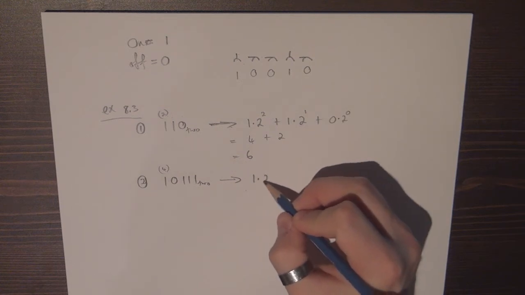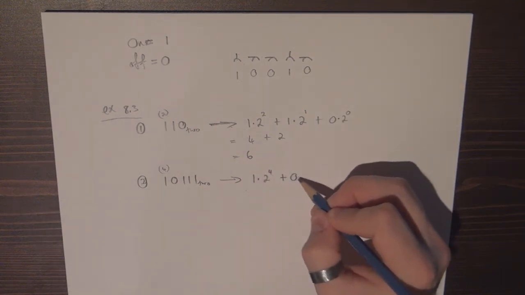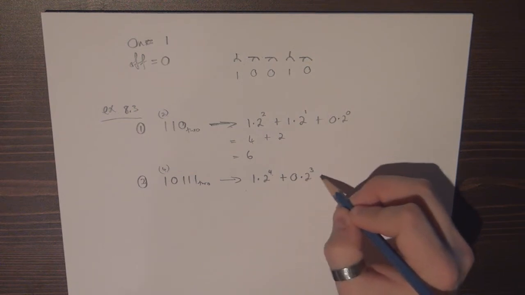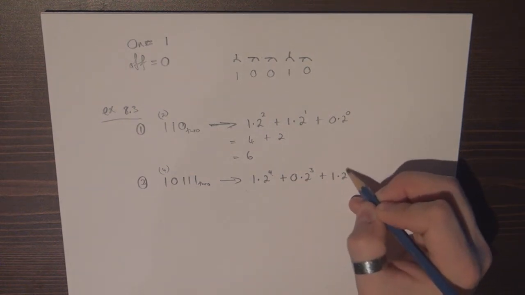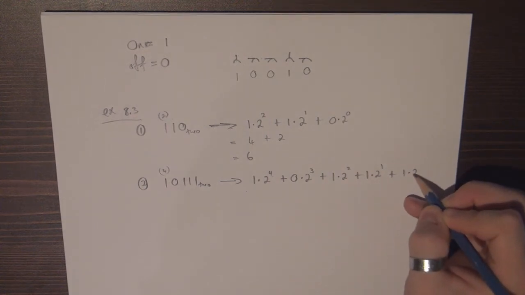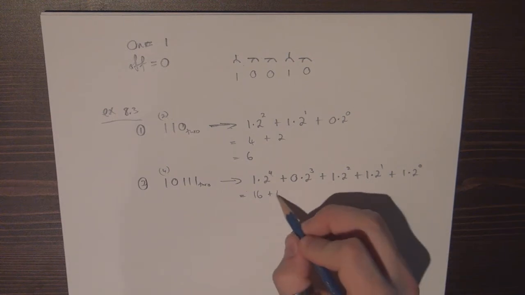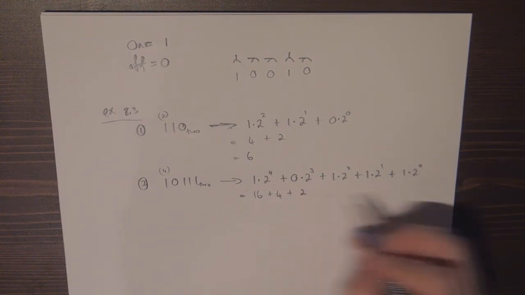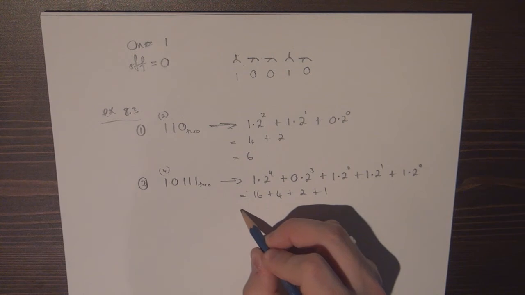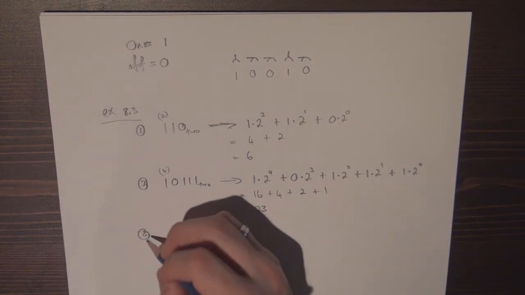So I have one group of 2 to the 4 plus 0 groups of 2 cubed, one group of 2 squared, one group of 2 to the 1, one group of 2 to the 0. So I have a 16, a 4, a 2, and a 1. So that is 23. Let's do one more before we wrap it up.